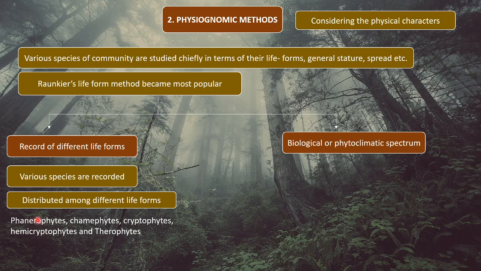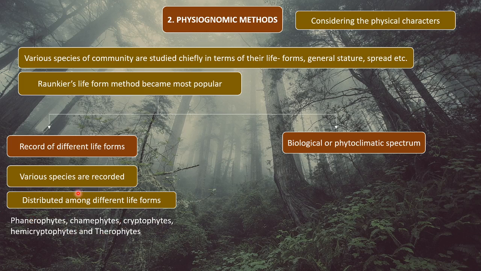Some species might fall under phanerophytes, some under chamaephytes, some under cryptophytes, and similarly under hemicryptophytes or therophytes. So the first thing that is done in the physiognomic method is recording of the different life forms. You first list down the species present there, and based upon the characters of the species, you identify its life form, whether it is a phanerophyte, chamaephyte, therophyte, or any of these.